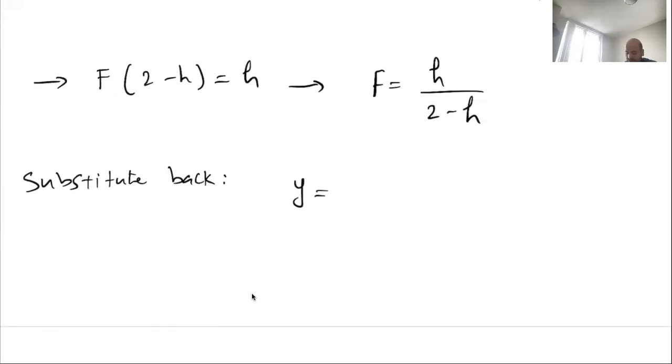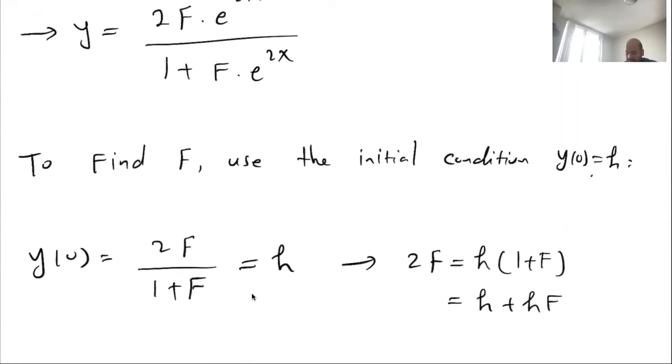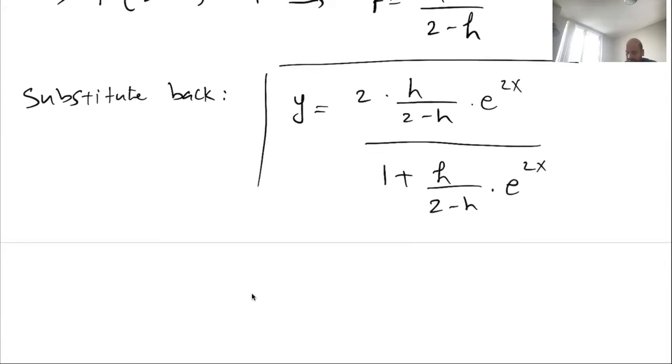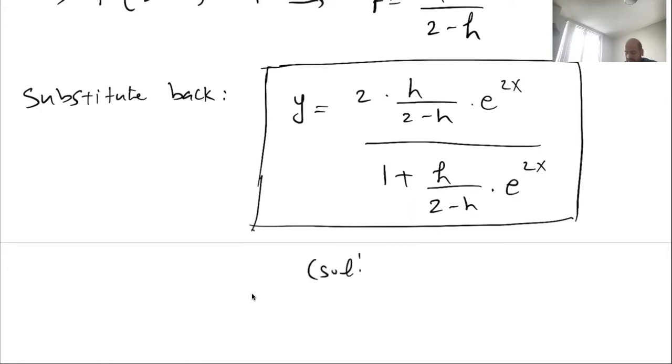So 2f is this guy, h over 2 minus h e to the 2x divided by 1 plus h over 2 minus h e to power 2x. This is the solution of the IVP above, the initial value problem above.